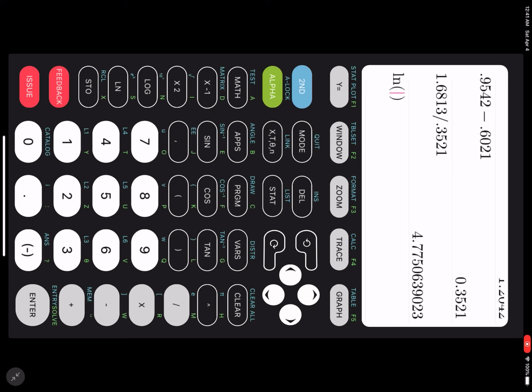So ln 48 divided by ln 9 divided by 4. Okay, so this was a little bit off. It wasn't accurate to 3 decimal places.